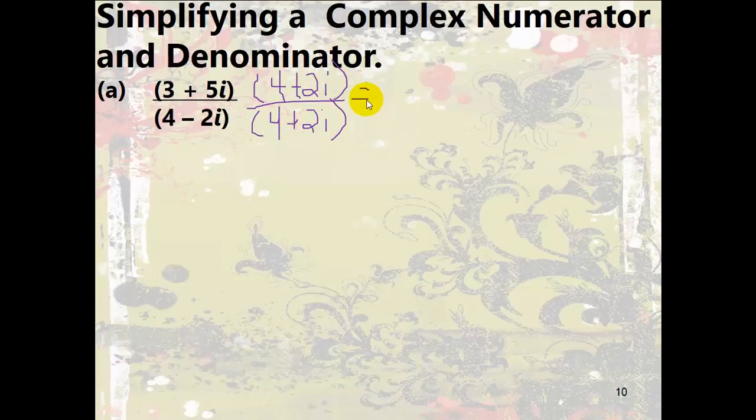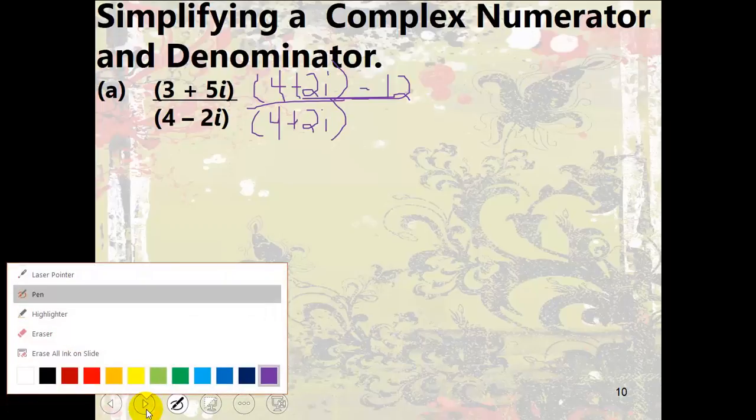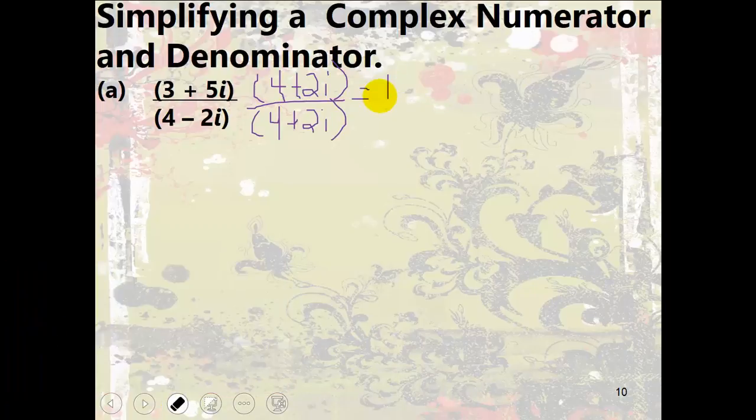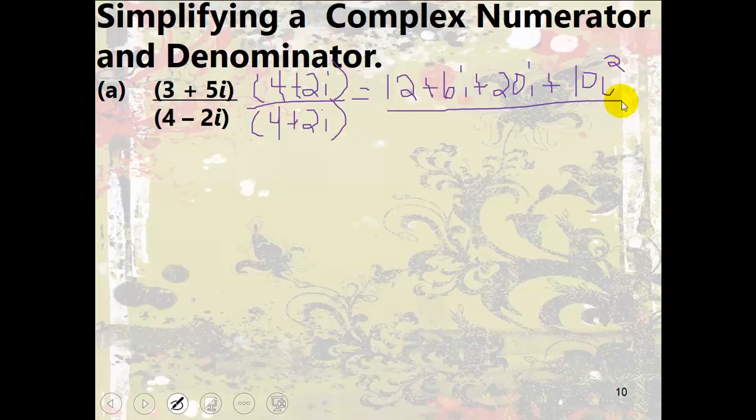I'm going to use FOIL on the numerator, or distribution, and I get 12 plus 6i plus 20i plus 10i squared over, and now I'm going to use my shortcut, 16 plus 4.